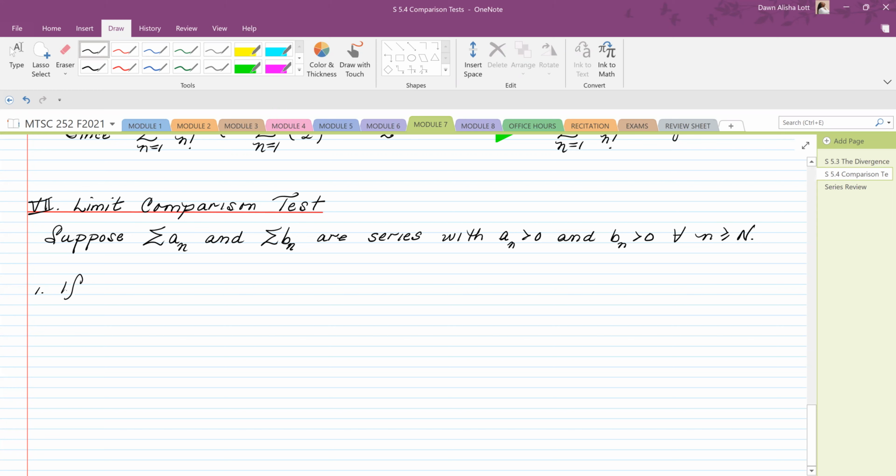If the limit as n approaches infinity of AN over BN is equal to some number L, then summation AN and summation BN both converge or both diverge.